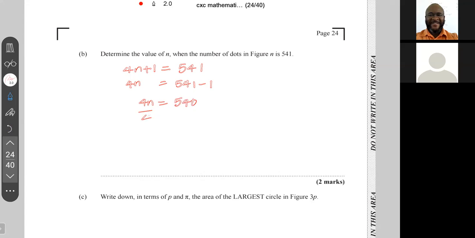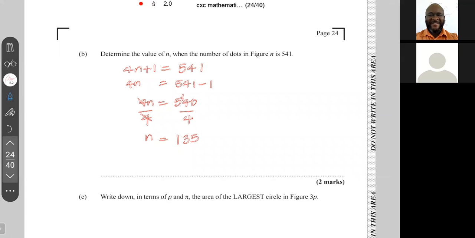Divide both sides by 4, and we get n is equal to 135. So figure 135 has a total of 541 dots.